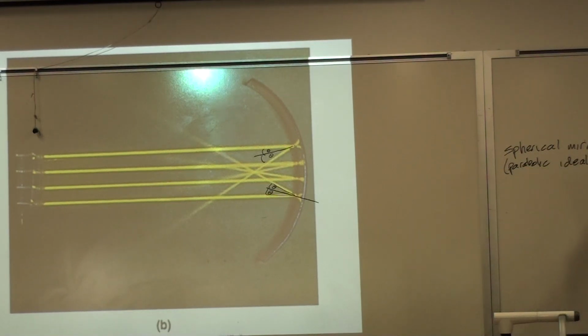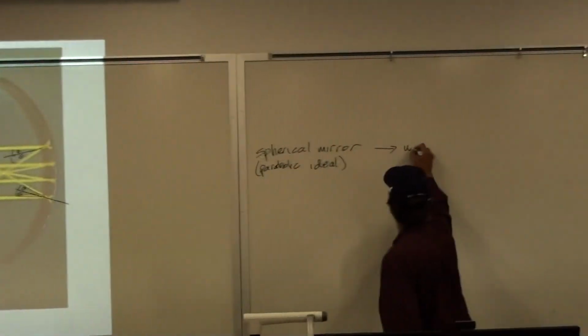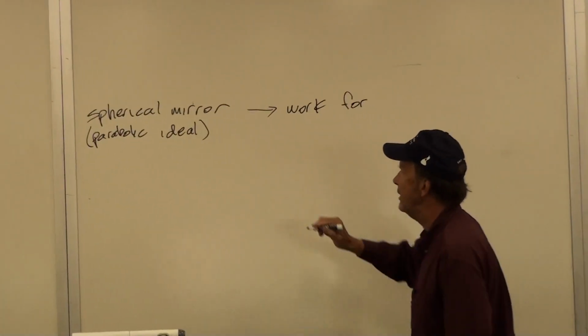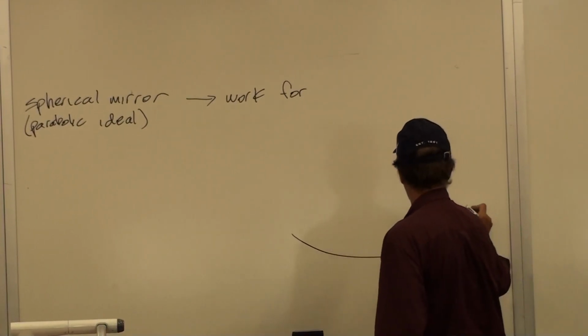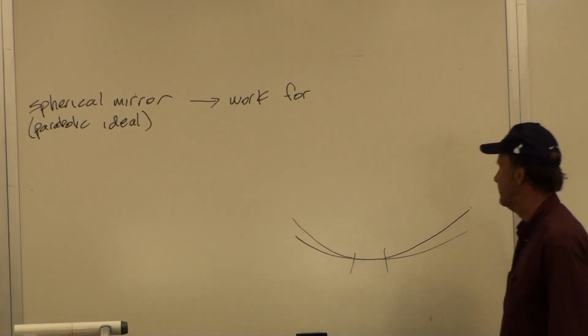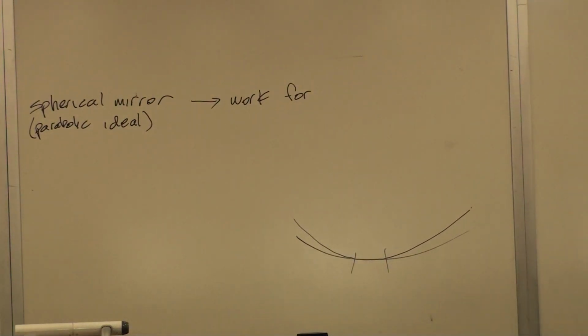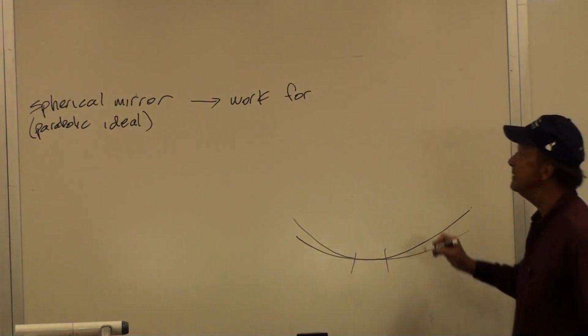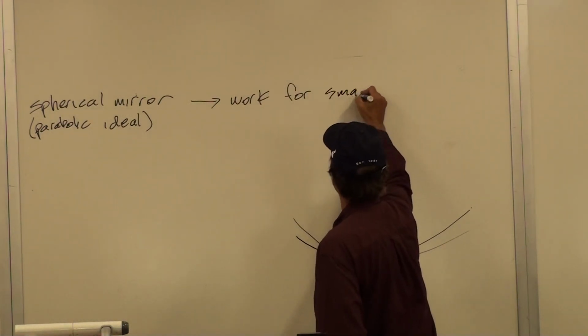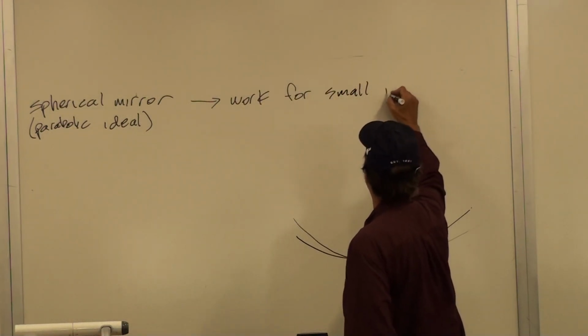So spherical mirrors work for small mirrors because you can fit a spherical curvature into a parabola along a small range of values without too much error. But for really big telescopes or big mirrors, you can't get away with that.